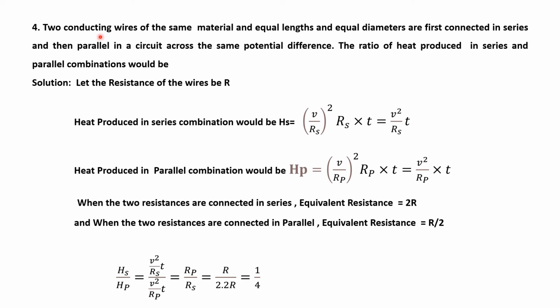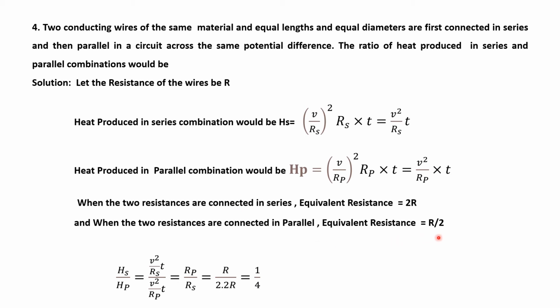These two wires are first connected in series, and so the total resistance when the two resistors are connected in series will be 2R, and then they are both connected in parallel. When the two wires are connected in parallel, we get the equivalent resistance to be R by 2.